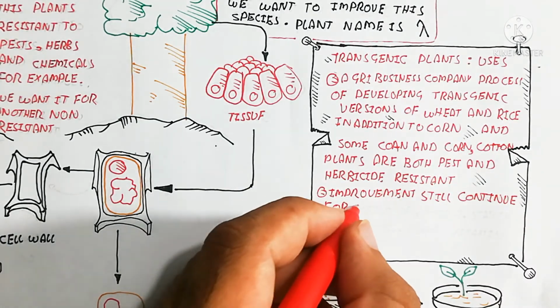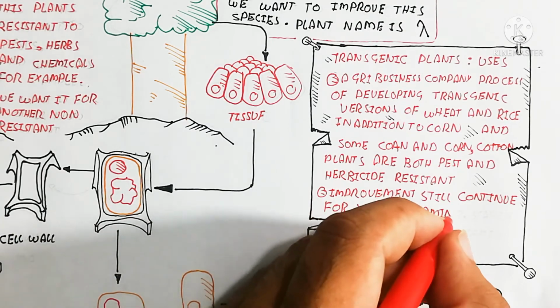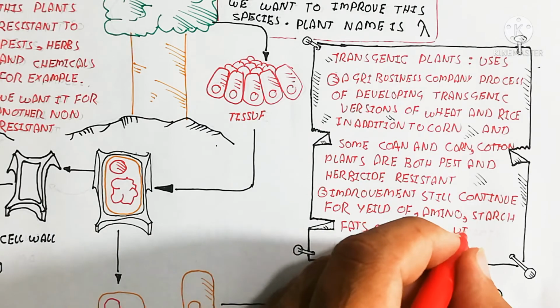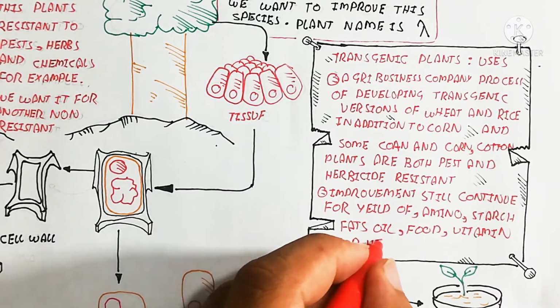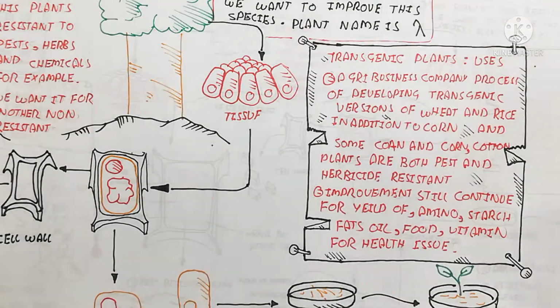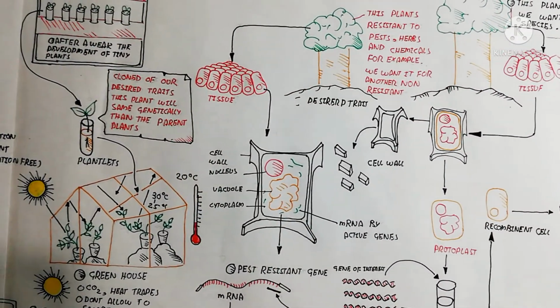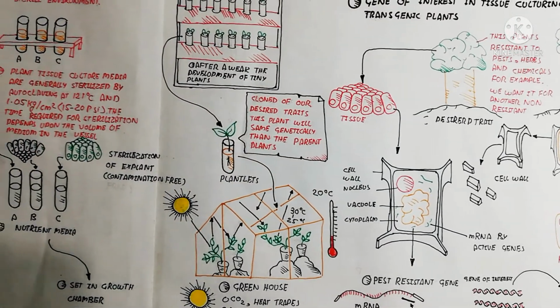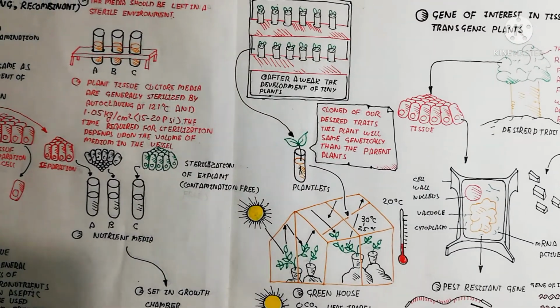On the other hand, the gene of interest in a tissue-cultured transgenic plant is another way: we can introduce a foreign gene into the plant for growth, which is the basic function of tissue culture. But we can also use the whole plant to make a transgenic plant.